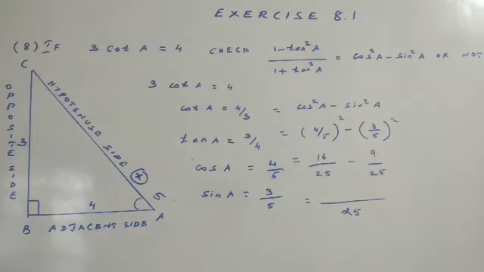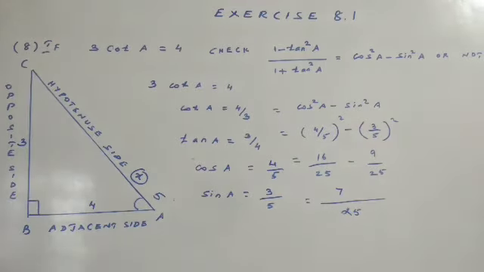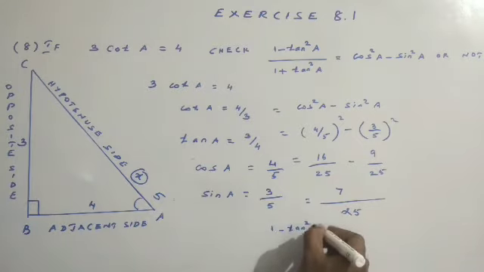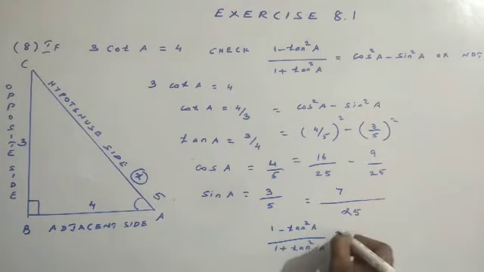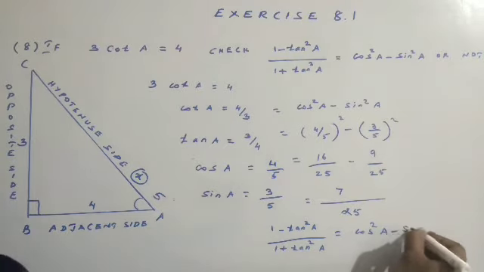In the numerator 16 minus 9 means 7, so 7 by 25. The same value we got for 1 minus tan square A by 1 plus tan square A. So 1 minus tan square A by 1 plus tan square A equals cos square A minus sin square A.